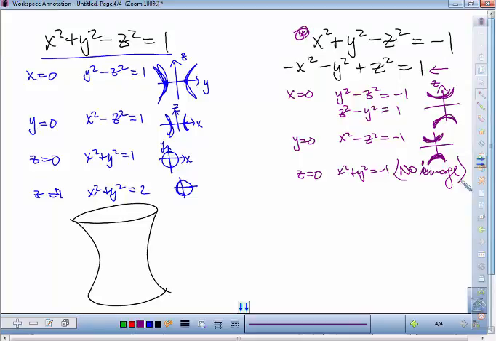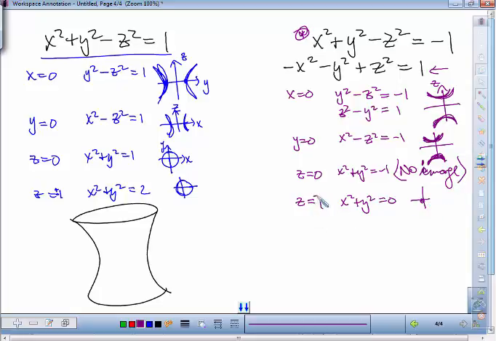Might seem drastically different, but let's try more cuts like z is equal to 1. When z is equal to 1, I'm going to get x squared plus y squared is equal to 0, and that's just a dot.